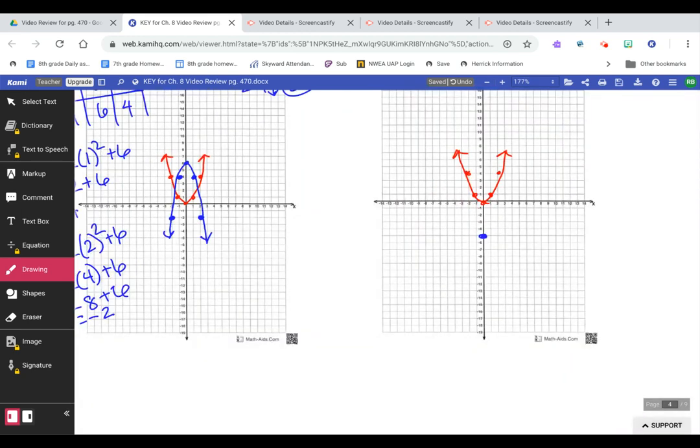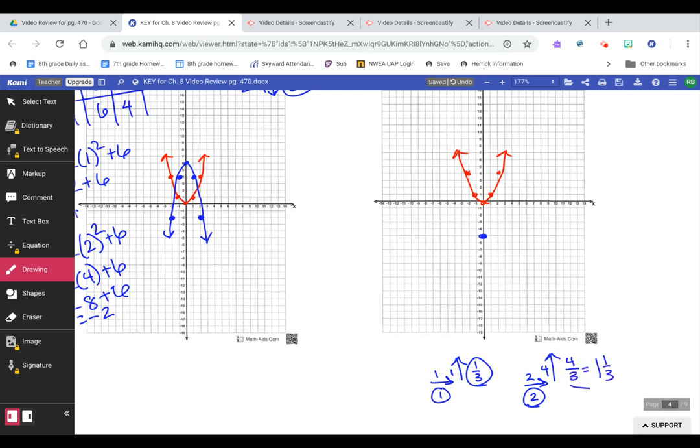The shortcut is usually go over 1, up 1. So we'll still go to the right 1, but 1 times 1/3 is 1/3. And then over 2, 2 squared is 4. So still go to the right 2. And then 4 times 1/3 would be 4/3, which is 1 1/3.